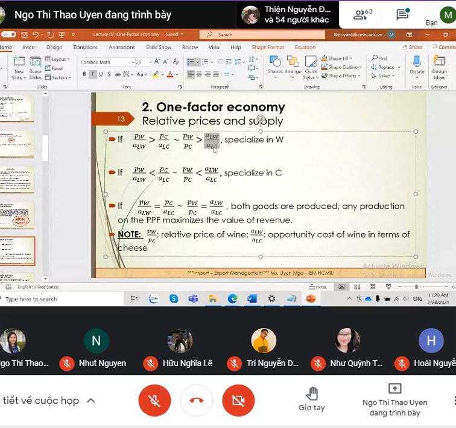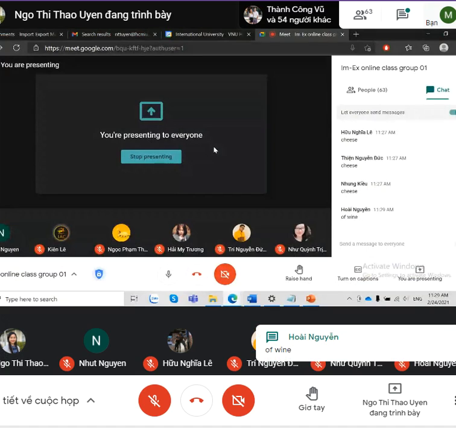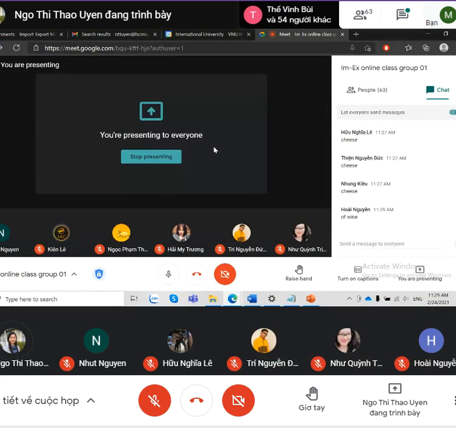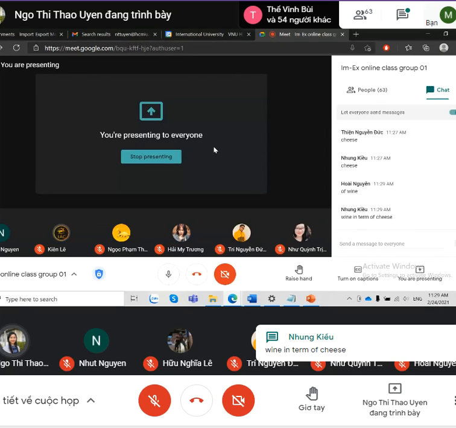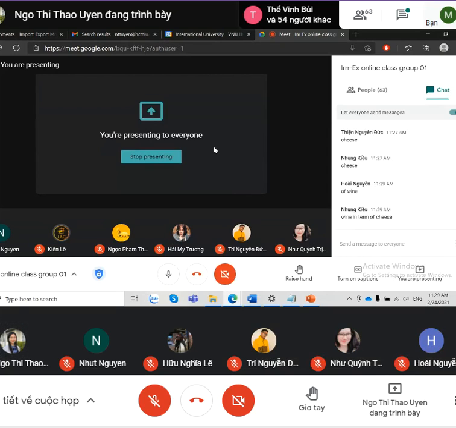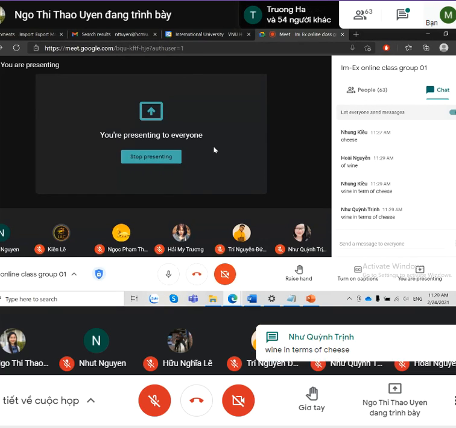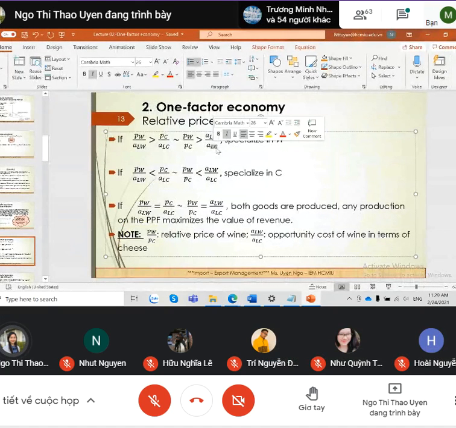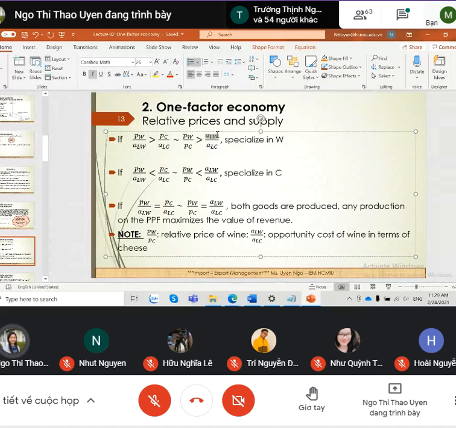Wine in terms of cheese. Yeah, the opportunity cost, remember, we always take two terms. So it's the opportunity cost of wine, but in terms of cheese.